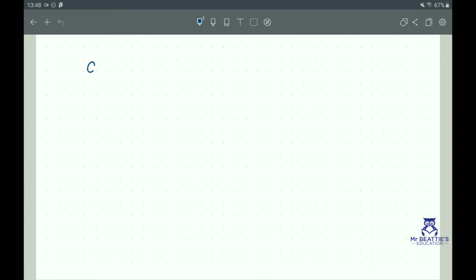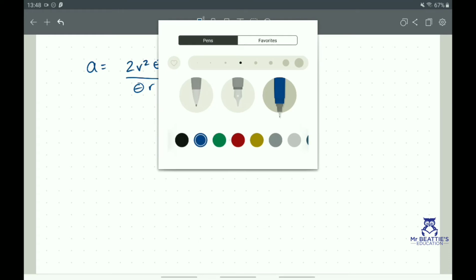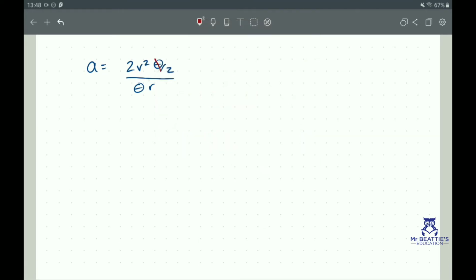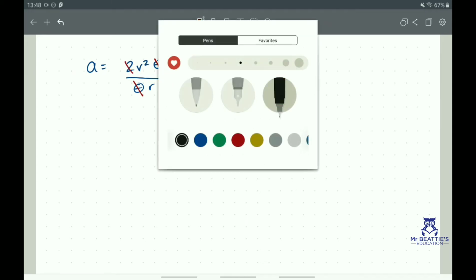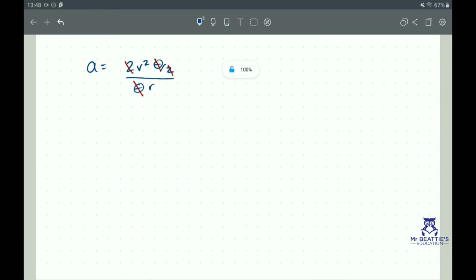So our equation becomes the acceleration is equal to 2v squared theta over 2, divided by theta r. Now we cancel off terms. The theta will cancel there, the 2 will cancel with that one there, and we are left with acceleration is equal to v squared over r.